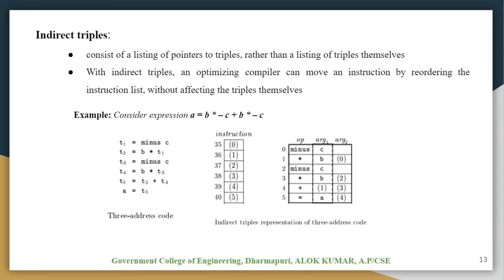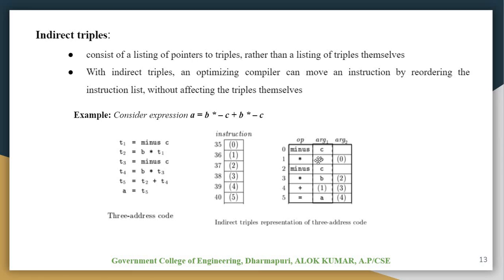Similarly, there is indirect triples. It consists of a list of pointers to triples rather than a listing of the triples themselves. With indirect triples, an optimizing compiler can move an instruction by reordering the instruction list without affecting the triples themselves. Suppose we have this expression; we write it like triples, with the references we have used.